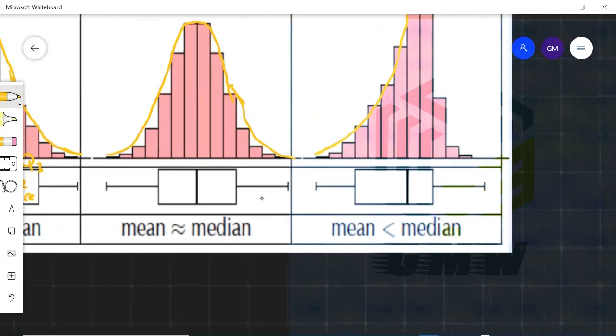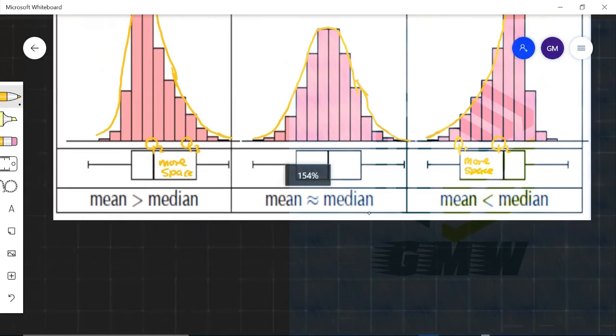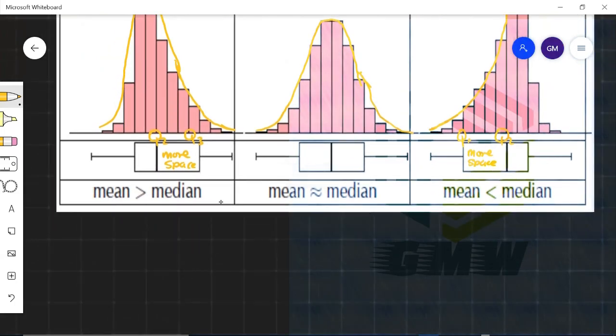If data is skewed to the left, you will have more space on the left between Q1 and Q2.